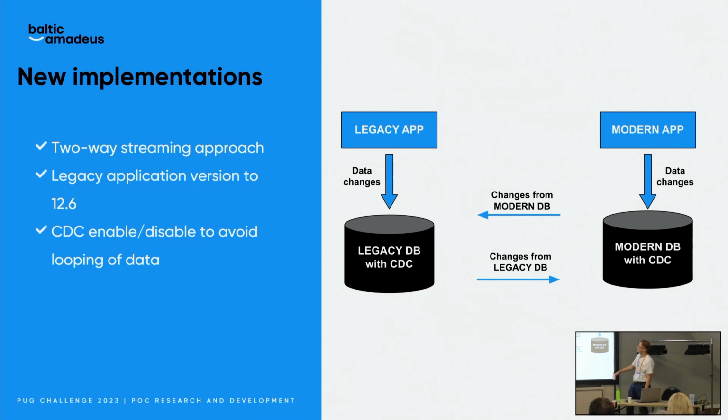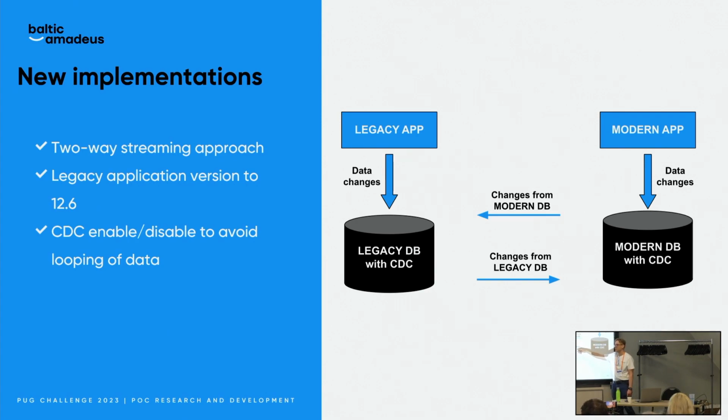Let's say the legacy app has an update statement. Then the update statement goes to the modernized DB based on the CDC changes. The modernized DB updates the data, but it writes itself to the CDC table again. Then, since CDC tracks the change, it goes again to the legacy DB.